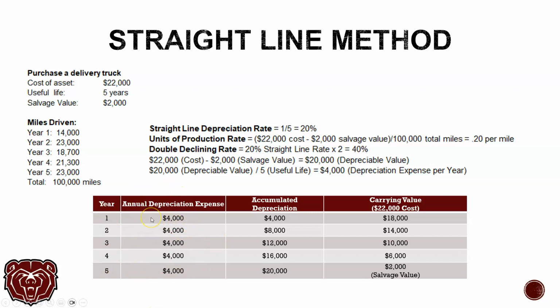It never changes. Year 1, it's $4,000. Year 5, it's $4,000. What happens is at the end of its full depreciation, you'll end up with a salvage value on your books. They told us the salvage value was $2,000. So once we have fully depreciated the asset, we should see $2,000.